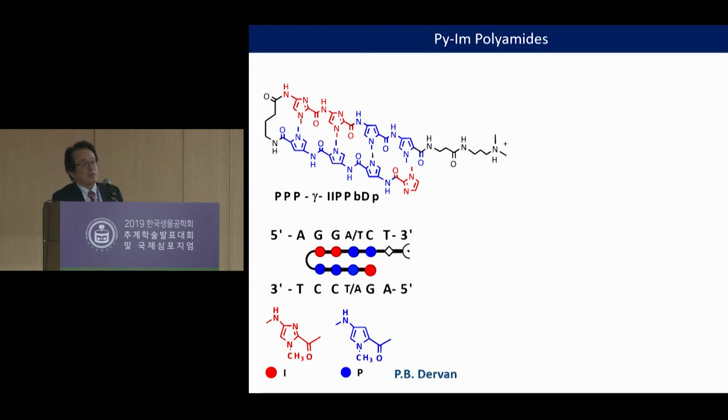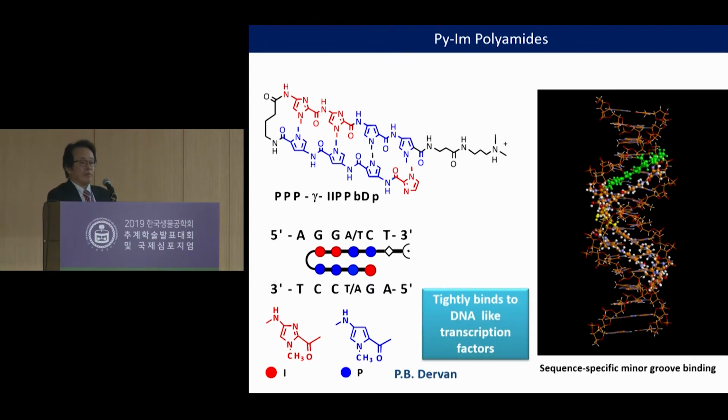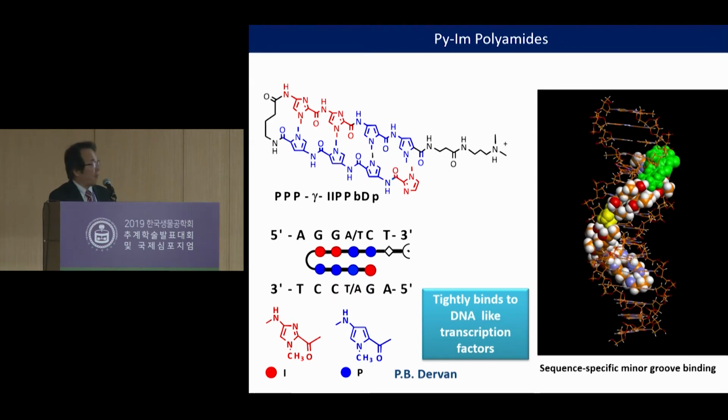The molecule consists of N-methyl imidazole and N-methyl pyrrole, a kind of peptide molecule. By introducing aminobutyric acid, the molecule folds into a hairpin and tightly binds to the minor groove of the helix in a sequence-specific fashion.